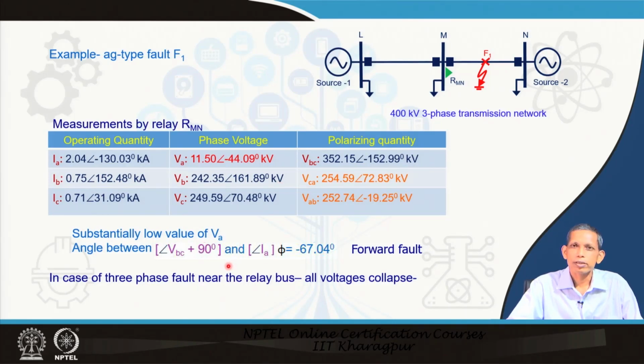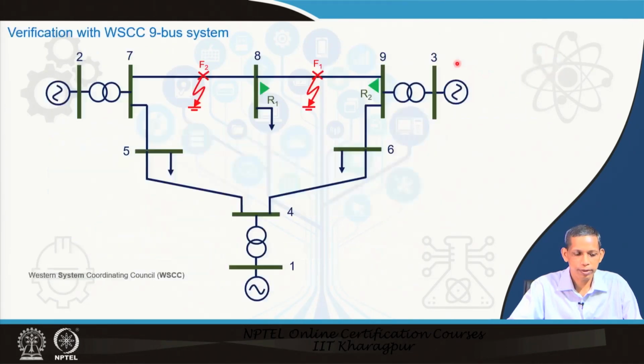But there is still a problem: if the fault happens to be a 3 phase fault close to this bus M, then all the phase voltages may collapse. Then what is the solution? We will look into those kinds of issues later.